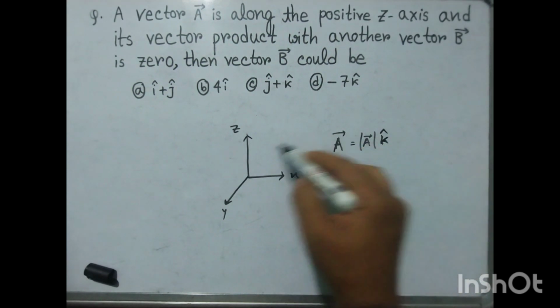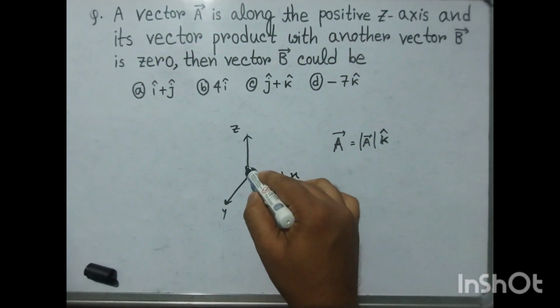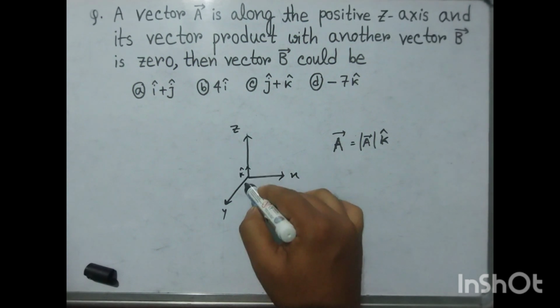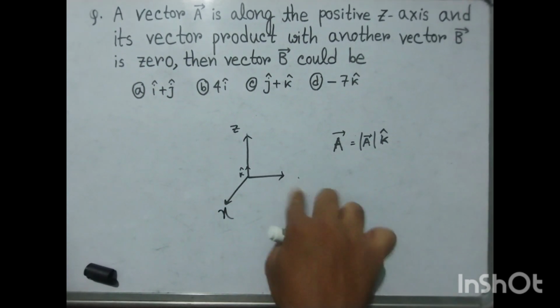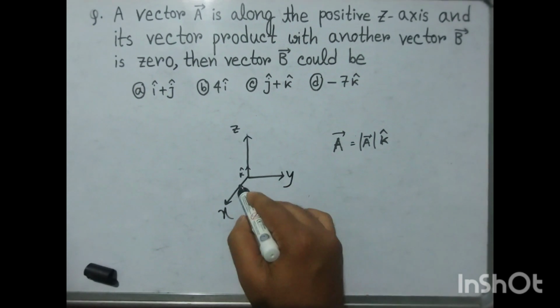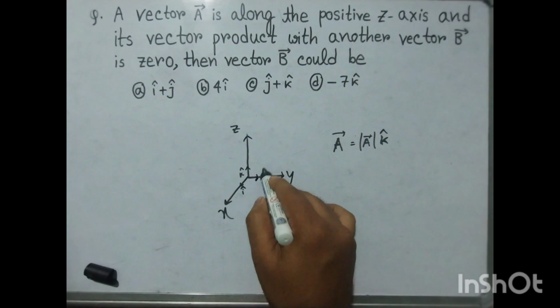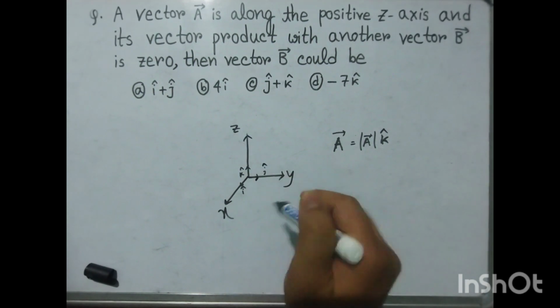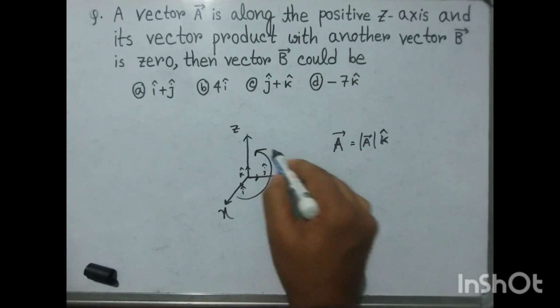The unit vector towards z axis is k cap. Sorry, this should be x, this should be y. i cap, j cap and k cap are clockwise, sorry, anti-clockwise.